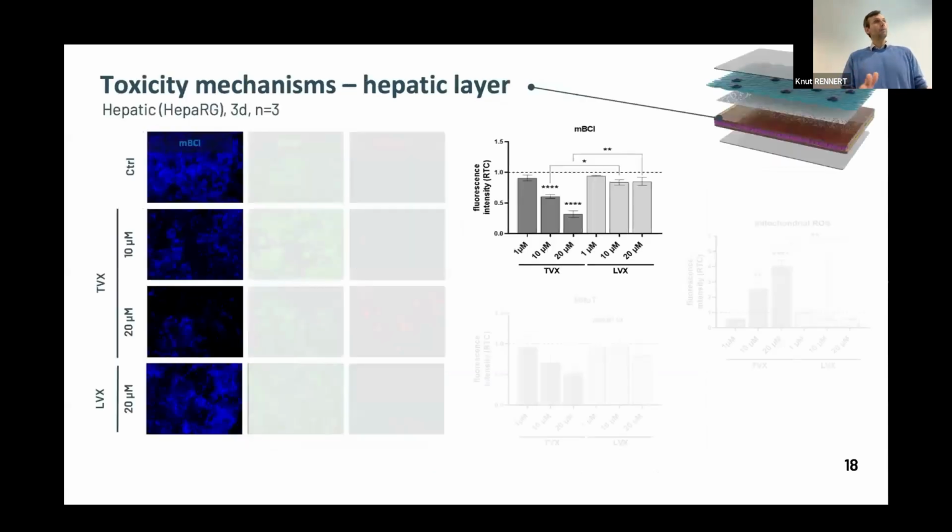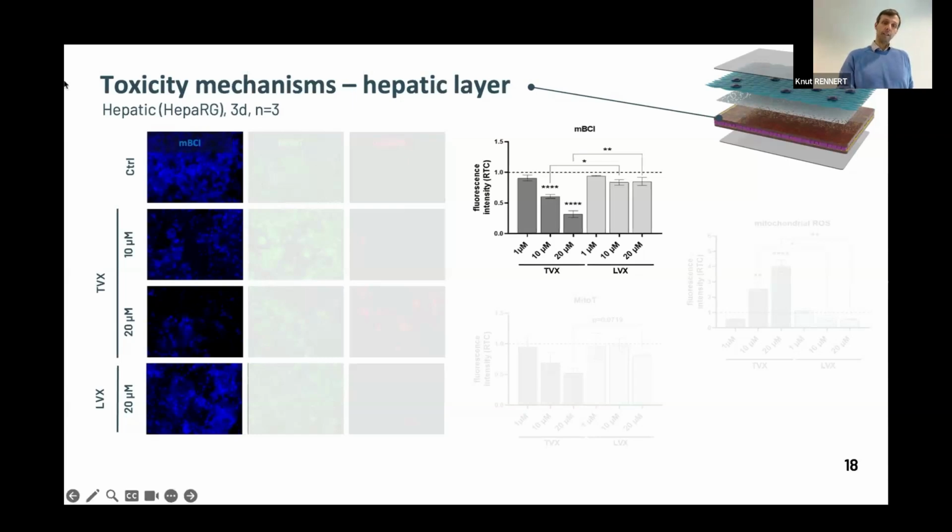In a further step, we then moved on to live cell imaging to get a little bit of a view of how the toxicity mechanism could look in our liver-on-chip model. At first, we checked for glutathione level of the hepatocytes.